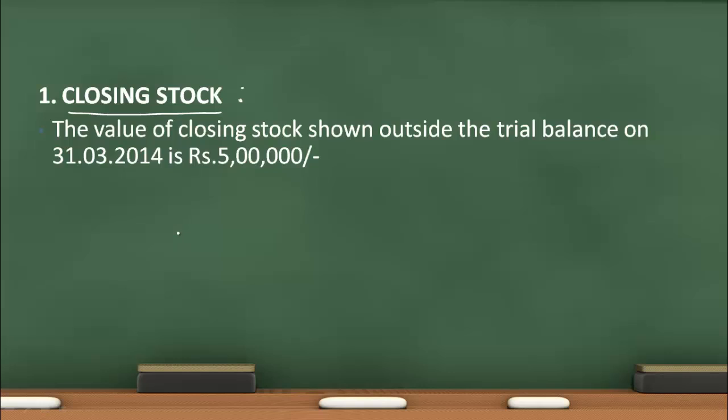First question: why is closing stock outside the trial balance? It's for a simple reason: stocks require valuation. So stocks should be valued. And what is the valuation for stock? Probably it would be advanced for you at this stage, but in your 1 mark question you would be writing: stocks should be valued at cost or market price, whichever is lower.